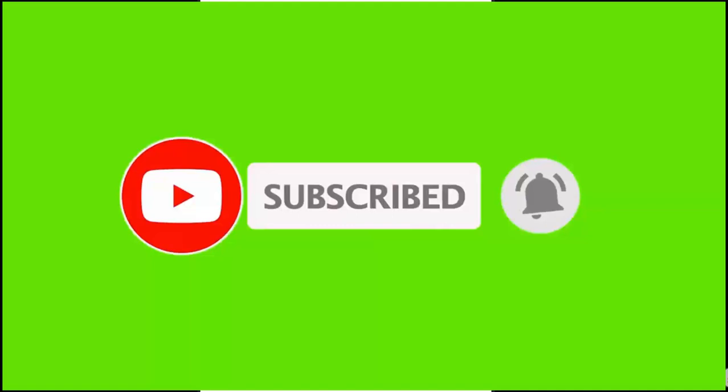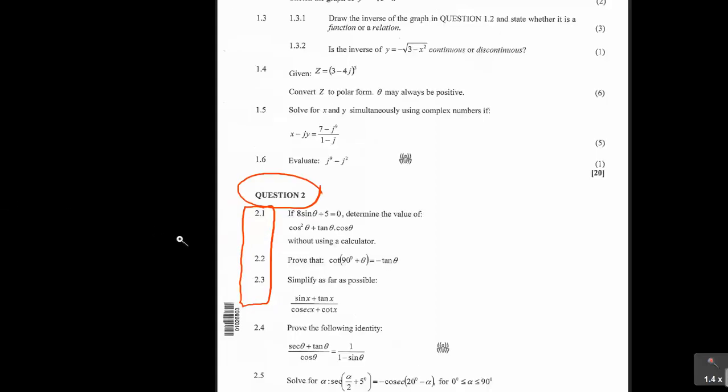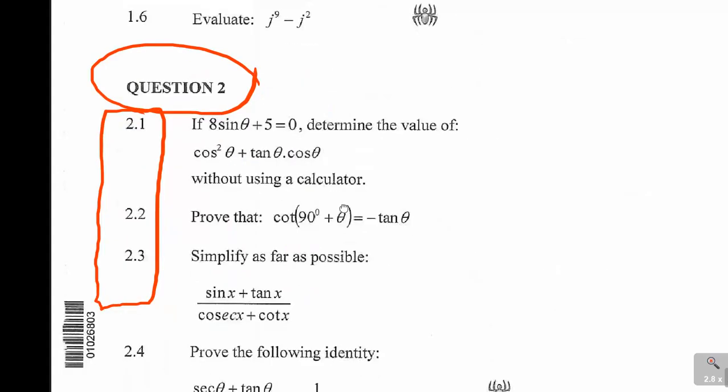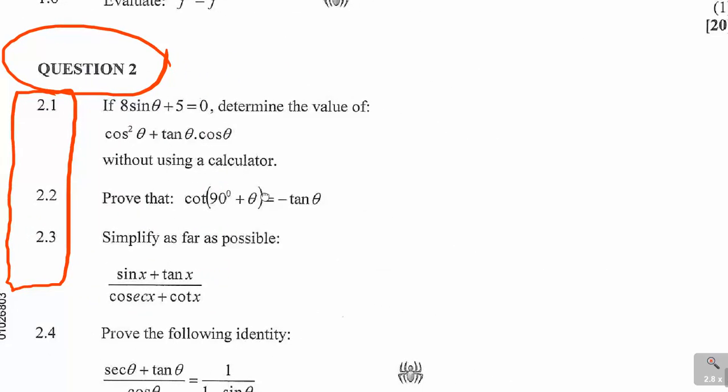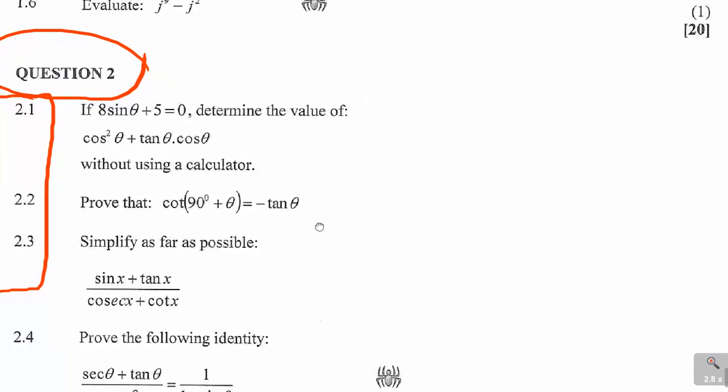And in this part, I'm continuing to look at question number 2. If you followed from the previous lesson, you will notice that I did the first 3 questions of question number 2.